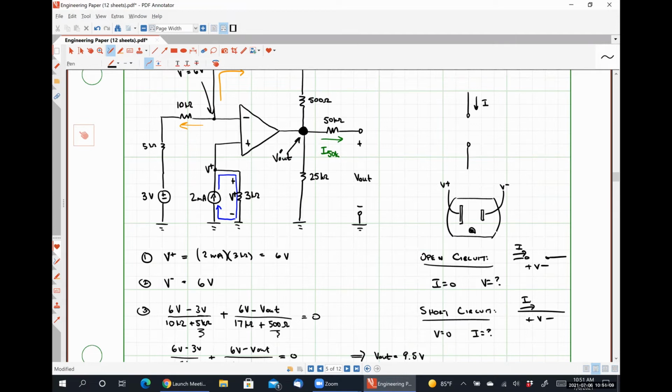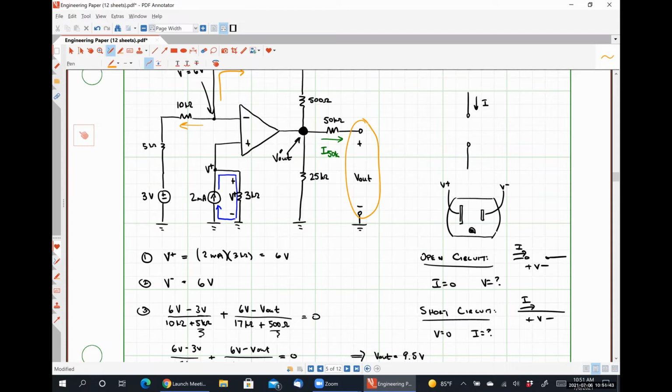Okay, so if we have an open circuit in the circuit, which we absolutely do, right here, that means that I50K, the current flowing through the 50 kilo ohm resistor, must be 0. Since the current flowing through the 50 kilo ohm resistor must be 0, what is the voltage drop over the 50 kilo ohm resistor according to Ohm's law? 0 volts.